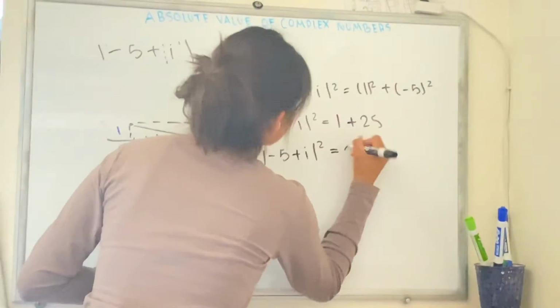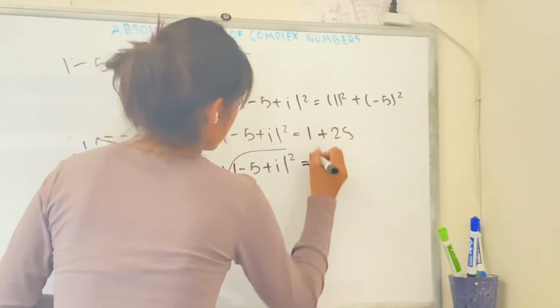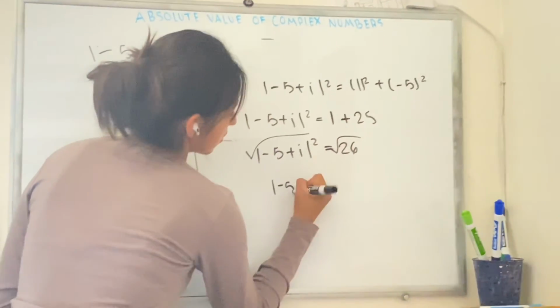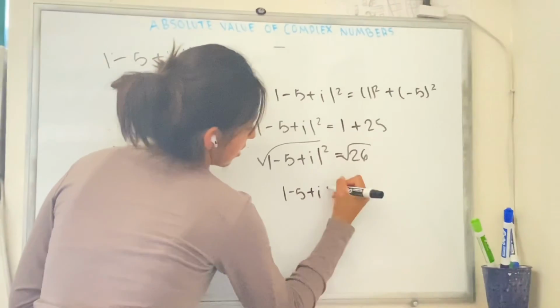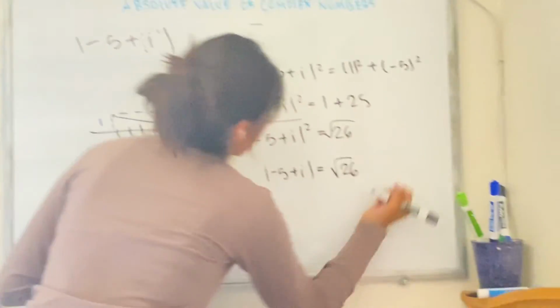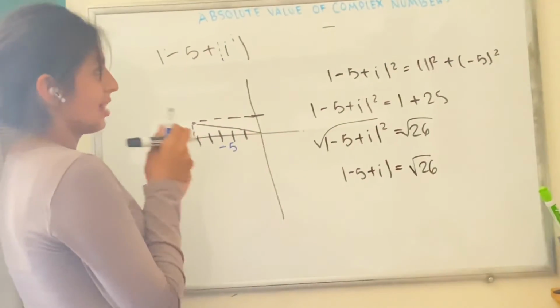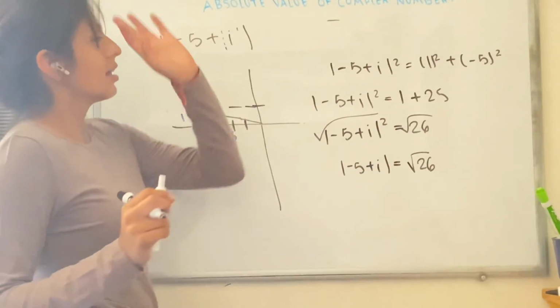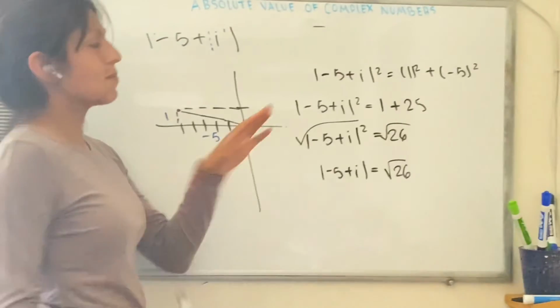Simplify it even further, and we will get the absolute value of negative 5 plus i is equal to the square root of 26. And that is how you find the absolute value of complex numbers. Thank you.